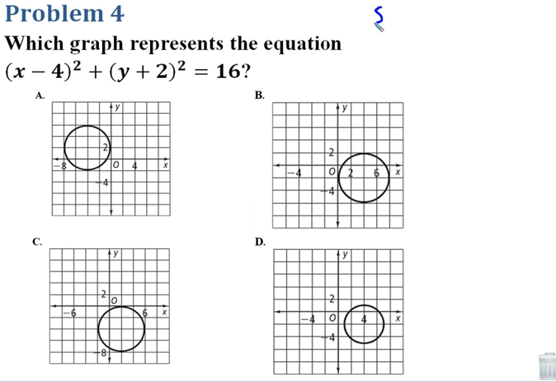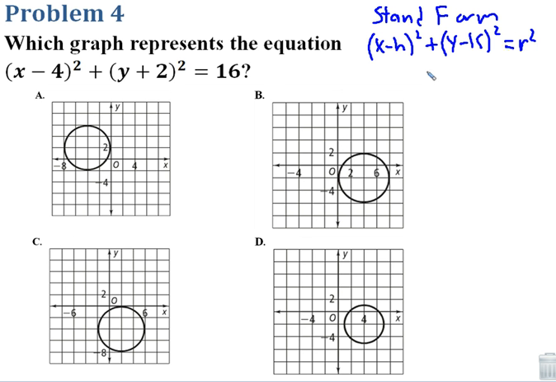Okay, that's going to use our standard form equation of a circle, which was set up as x minus h squared plus y minus k squared is equal to r squared. Okay, where the point h comma k is the center, and r is the radius.